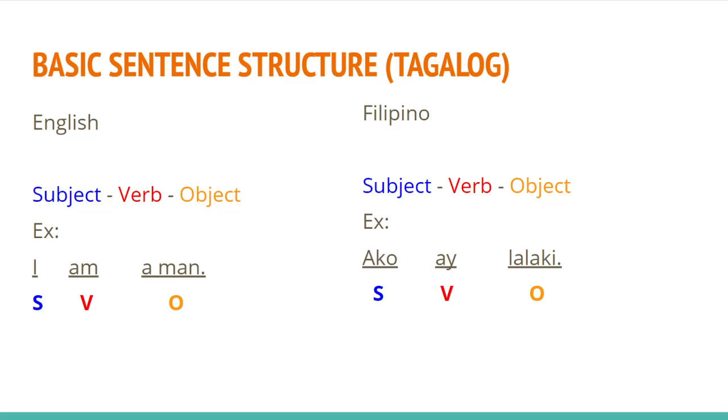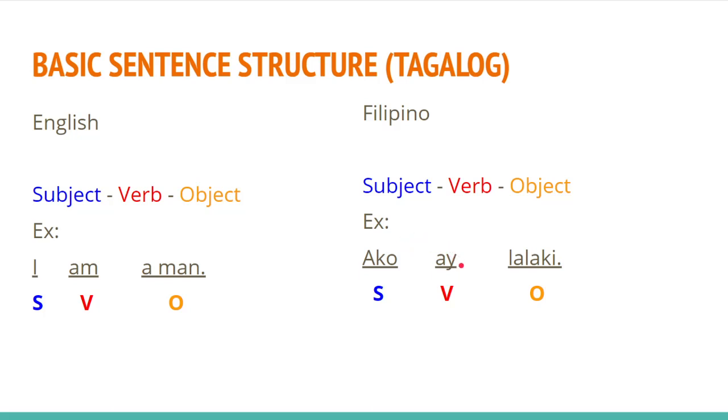There are types of verbs, and that will be a linking verb. That is why ay is a linking verb or a copula, and we will tackle this to give you insight about the usage of the word ay. Not I like your eyes: ako ay lalaki. Ako ay lalaki. Ay, not I like EYE, not the letter I like an ice cream.